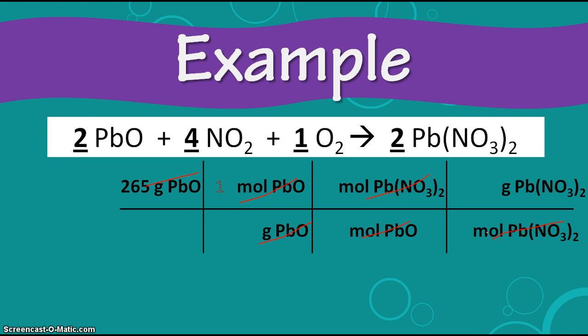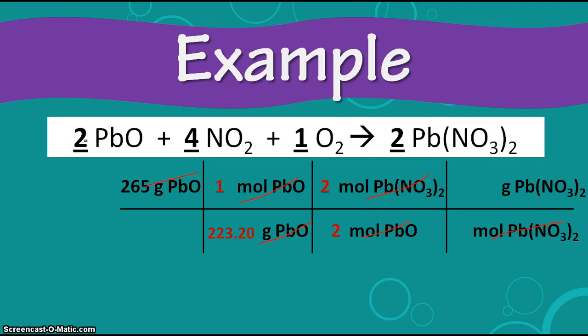Well, we know for every 1 mole of lead oxide, using the periodic table and adding the mass of lead and oxygen, it has a total molar mass of 223.20 grams. Looking at the balanced equation, we can see that for every 2 moles of lead-2 nitrate, we have 2 moles of lead-2 oxide.